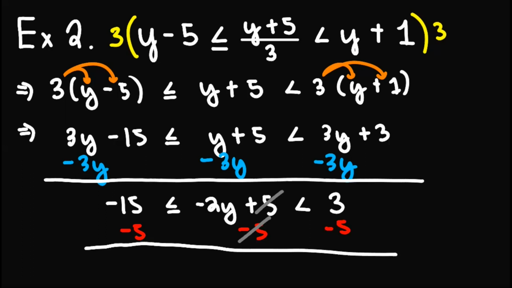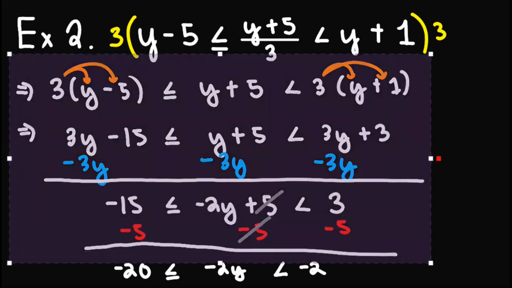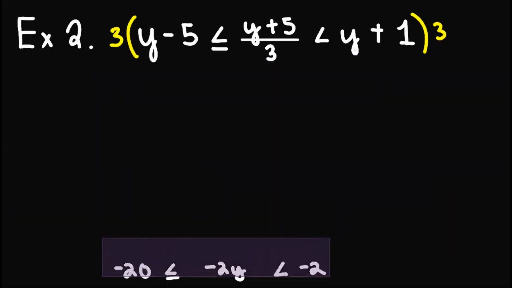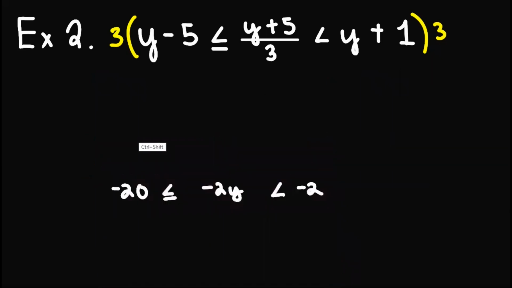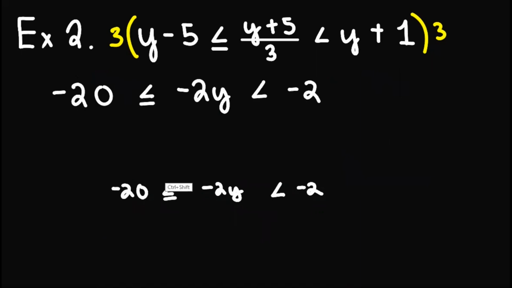So negative 15 minus 5 is negative 20, less than or equal to negative 2y, less than 3 minus 5 is negative 2. Let's rewrite this much better. Negative 20 less than or equal to negative 2y less than negative 2. There.